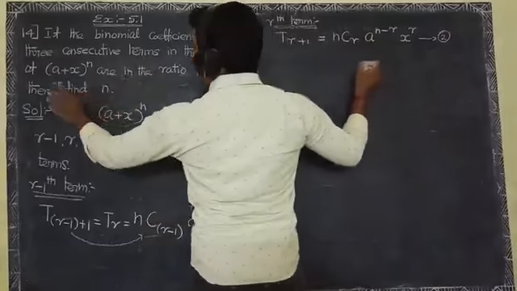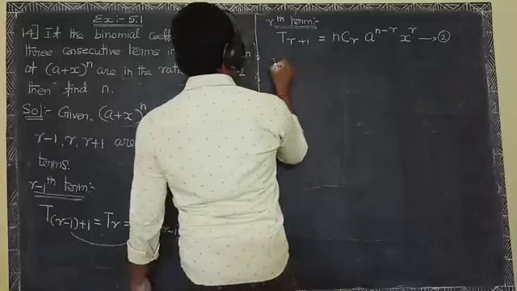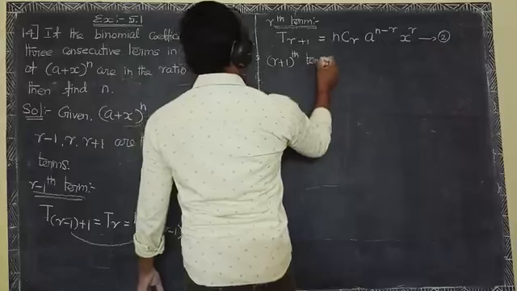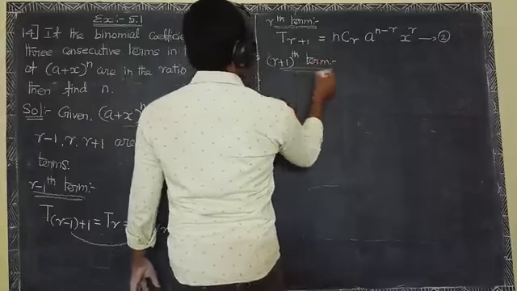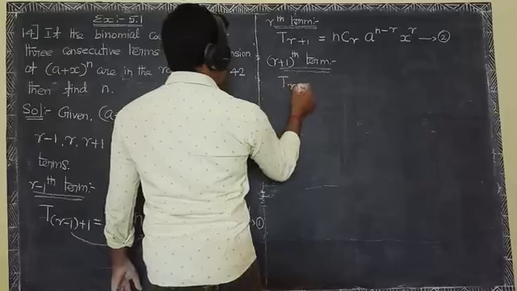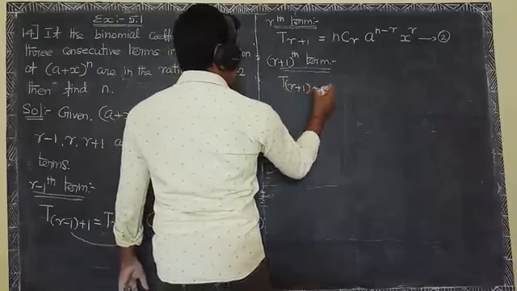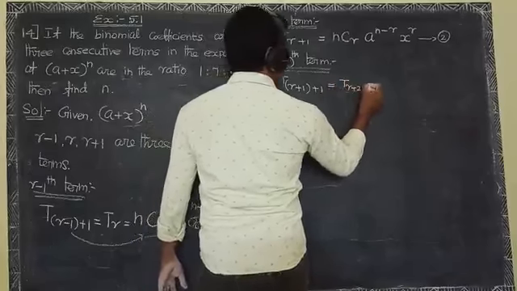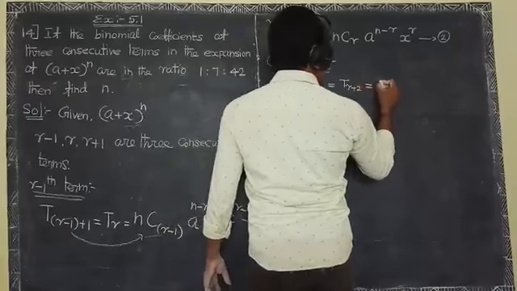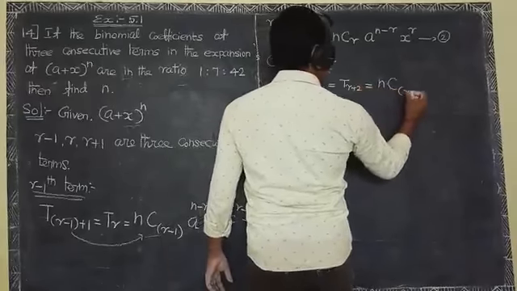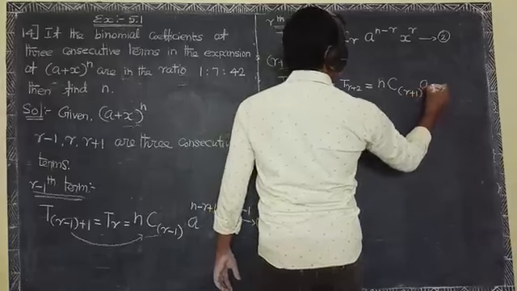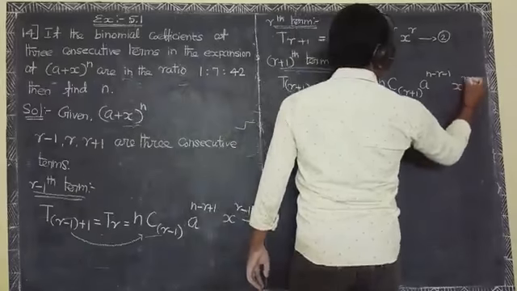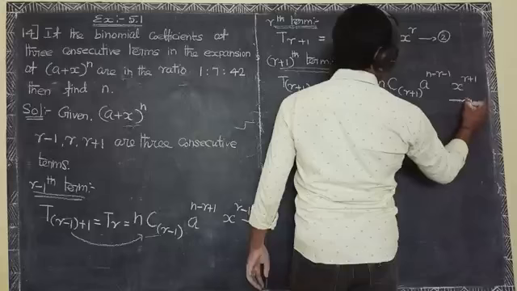The (r plus 1)th term means T(r plus 1 plus 1), which is equal to T(r plus 2), which is equal to nC(r plus 1) a power n minus r minus 1 x power r plus 1. This is equation number 3.